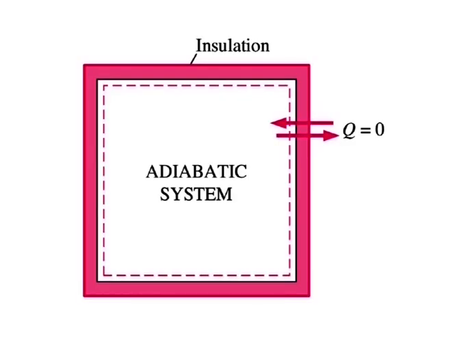Adiabatic process. A process during which there is no heat transfer is called an adiabatic process. The word adiabatic comes from the Greek word adiabatos, which means not to be passed. There are two ways a process can be adiabatic.